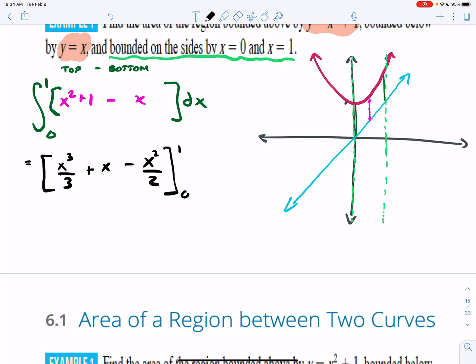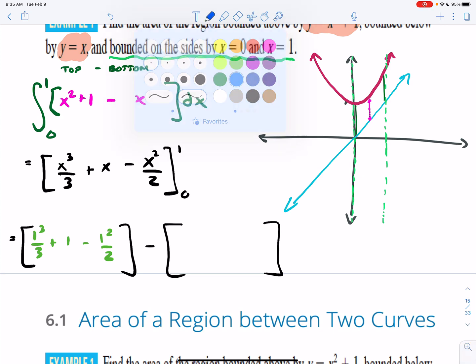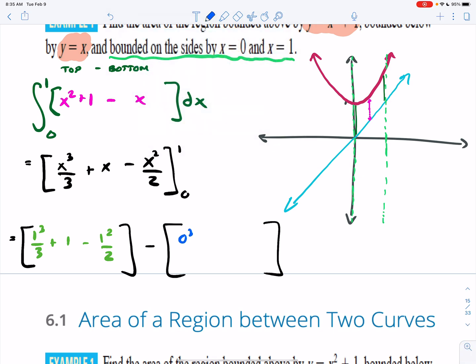After we integrate, we have to plug it in. Upper always goes first, lower. I encourage you guys to do this because a lot of people forget their brackets or parentheses, okay? So we plug in our upper first, so that's going to be 1 cubed over 3 plus 1 minus 1 squared over 2 minus 0 cubed over 3 plus 0 minus 0 squared over 2.